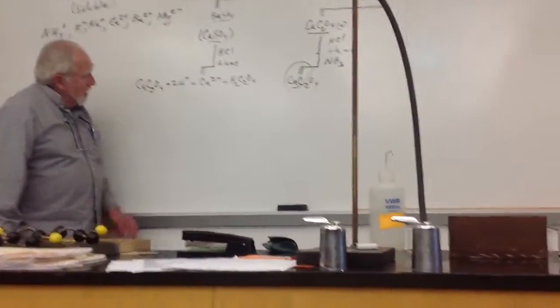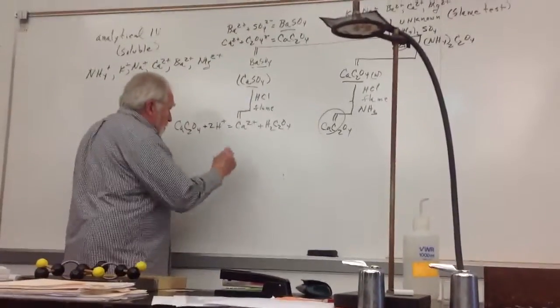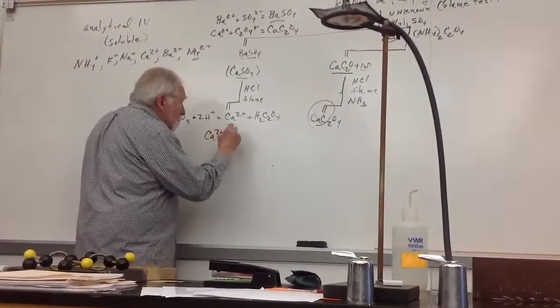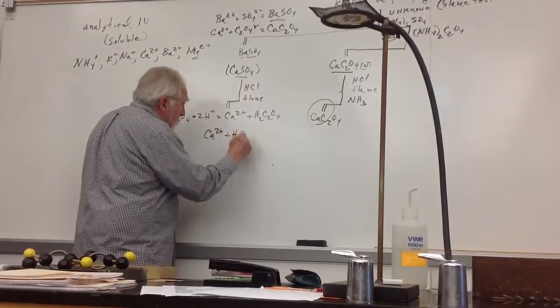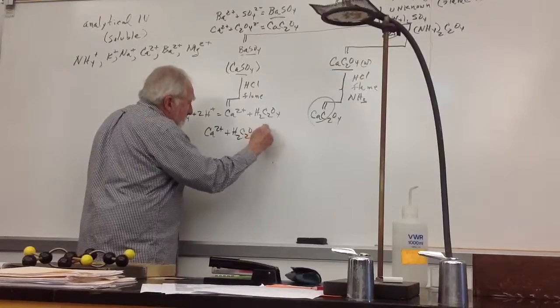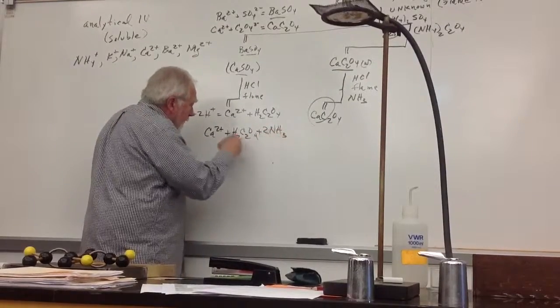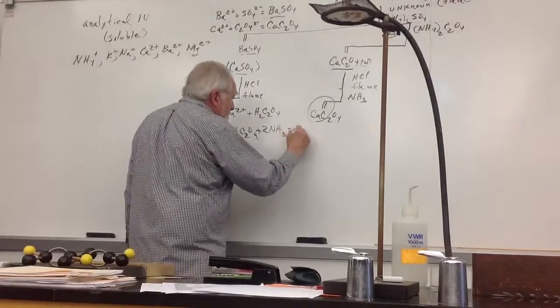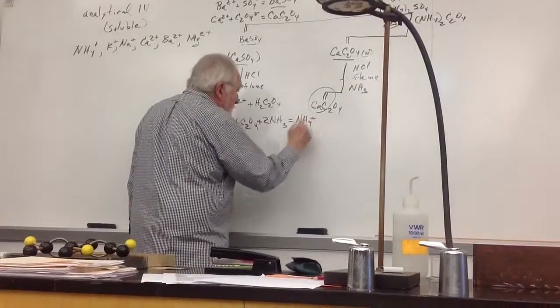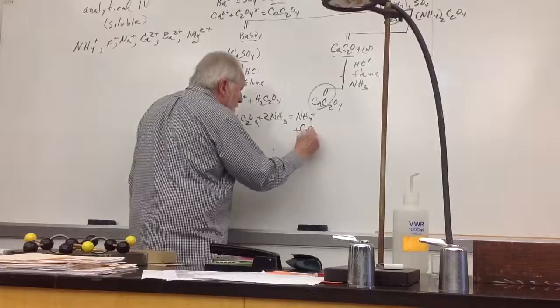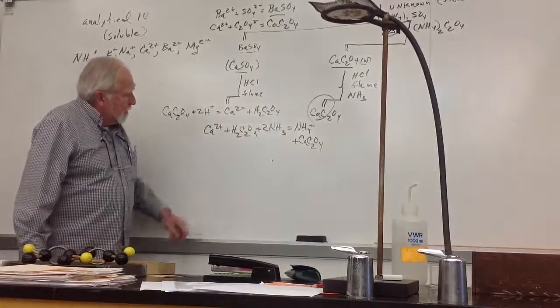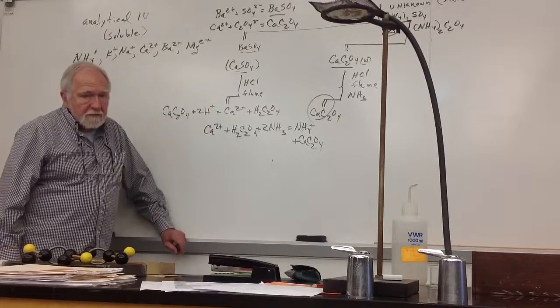Notice when you added the ammonia to this mixture, acid base, you make a salt. But the salt contains the oxalate ion, which immediately recombines with the calcium.